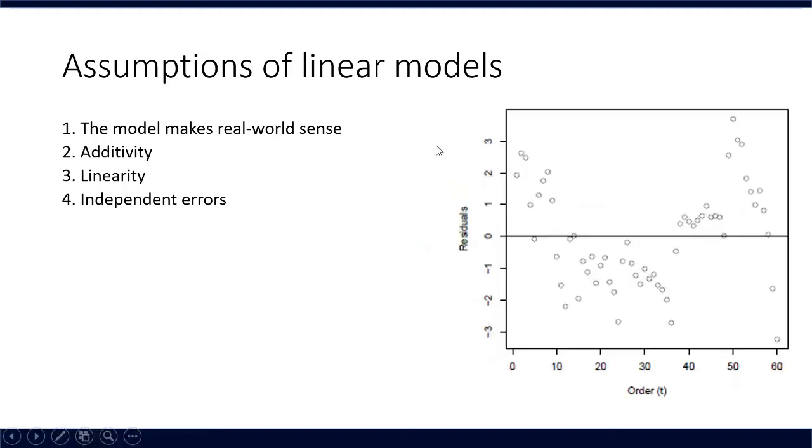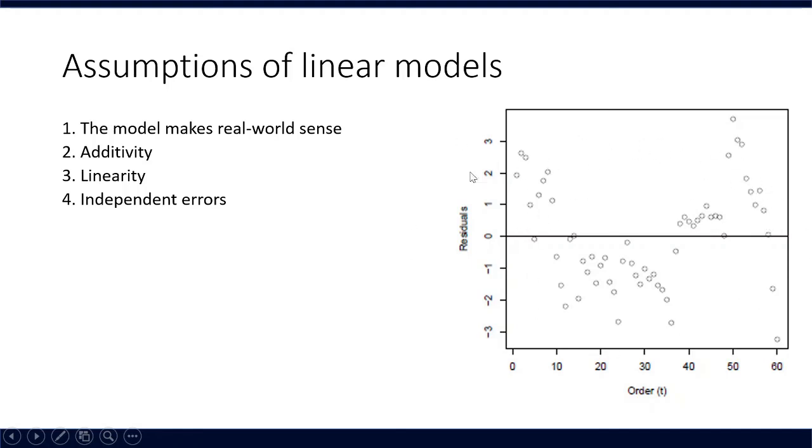The first of these is that you want those errors, those residuals, to be independent of each other. If this black line at 0 is our model fit, we don't want our residuals, our data points, to look like this. These data points are correlated to each other. Data points that are closer to each other along the x-axis are more similar than ones that are further from each other, and we don't want that to be the case.